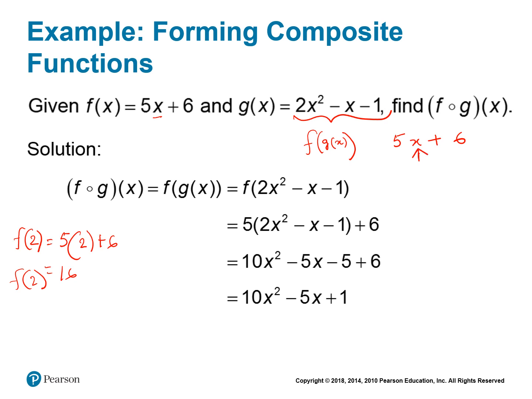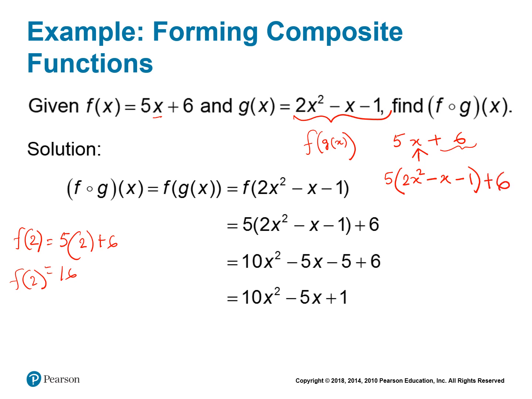We have to replace x with 2x squared minus x minus 1. So I'm going to write it as 5 times 2x squared minus x minus 1. And don't forget the plus 6 because that's a part of the f of x function, plus 6.